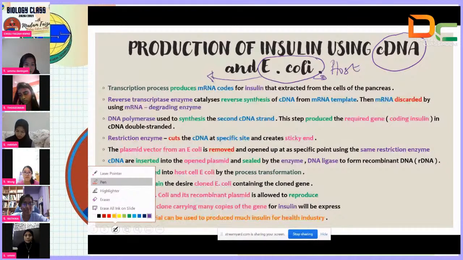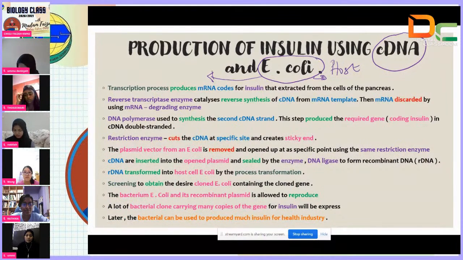E. coli can be a bacterial workhorse. Okay, why? The teacher mentioned that first, it will be a host.